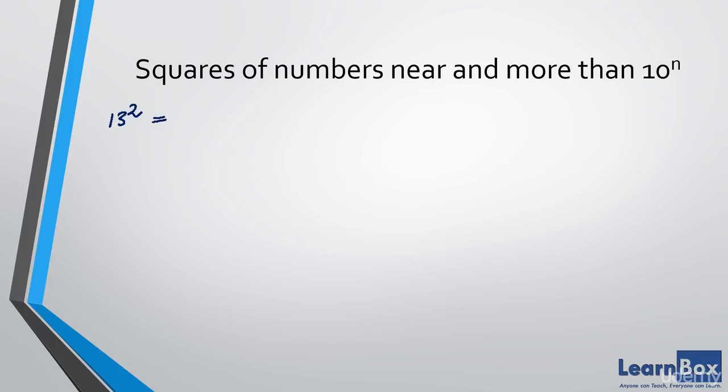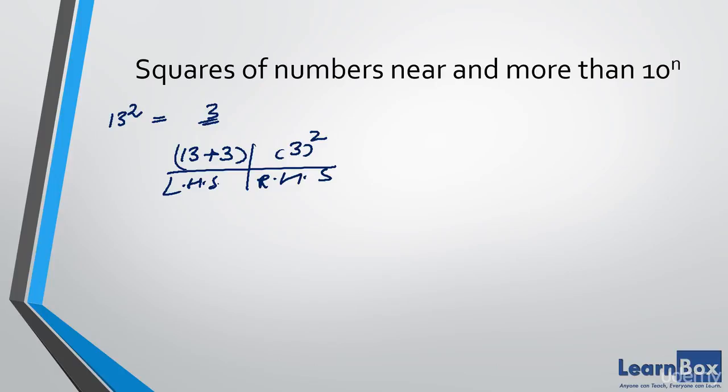The surplus from 10 is 3, so the RHS part would be surplus square, and the LHS part this time would be the number which is 13 plus the surplus. In the previous method we were doing the number minus deficit, this time we'll do number plus surplus. So this becomes 16, and 3 square is 9, so this is 169.